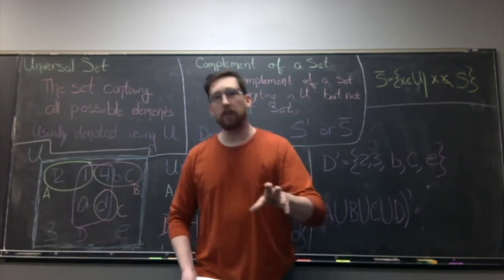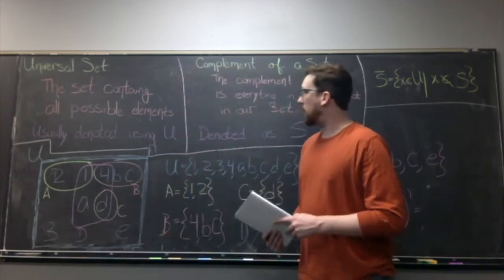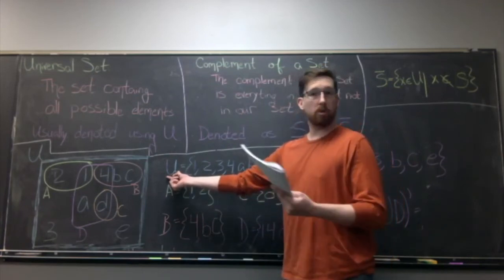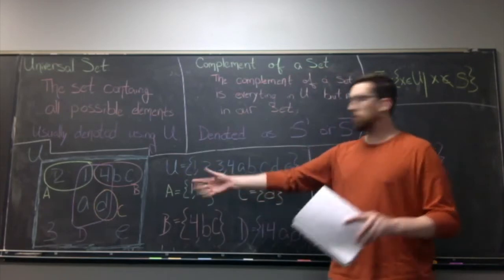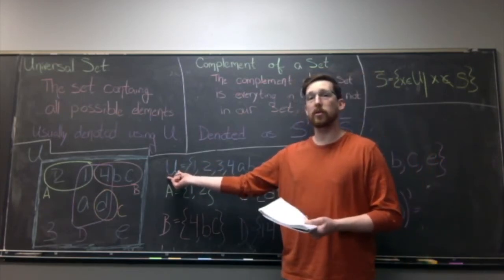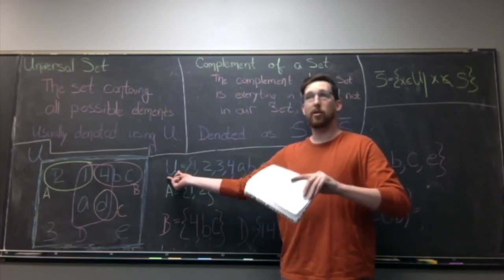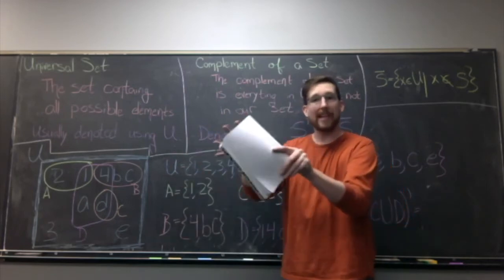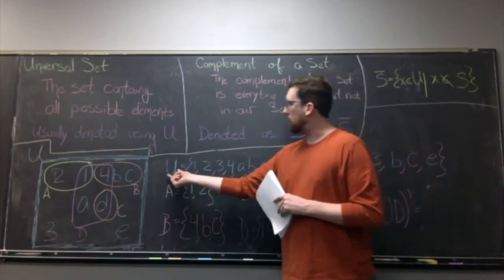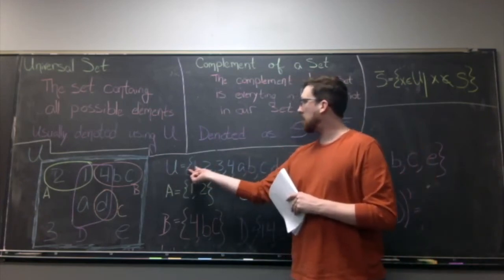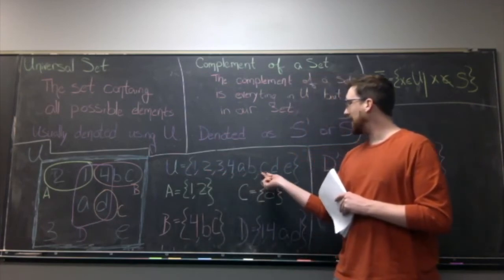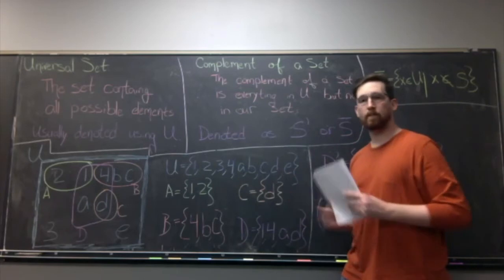As an example, let's imagine we've got our universal set U, which is usually the notation we use for the universal set. It has elements 1, 2, 3, 4, A, B, C, D, and E.